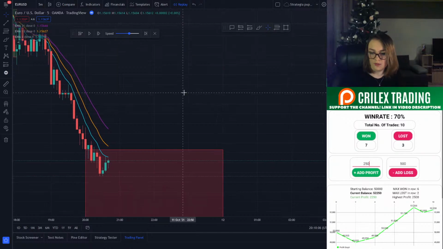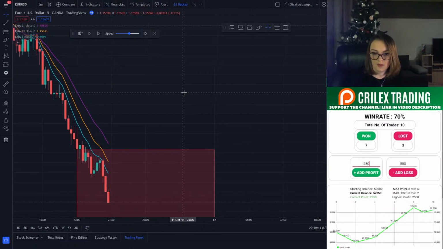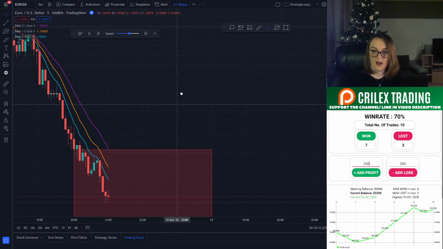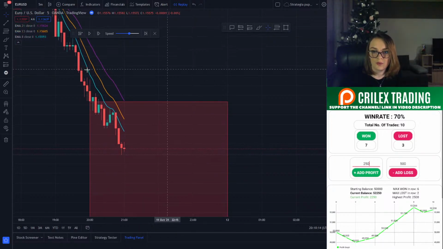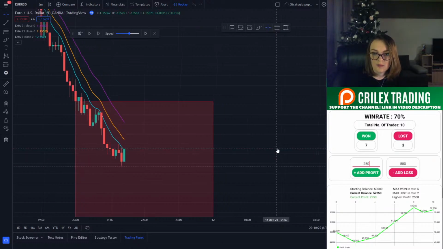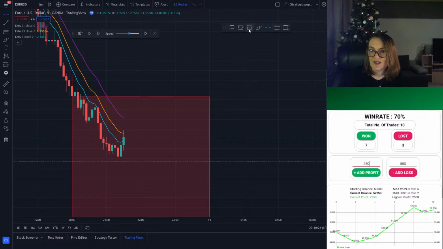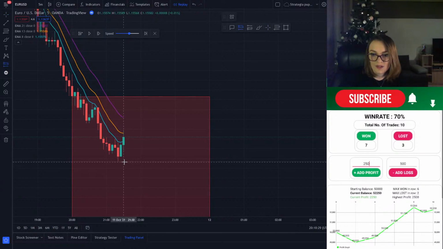No, actually no. Okay. I saw many times that Euro tends to do this. There is no retouch on these EMAs, and it's quite frustrating because we are waiting for trades and they didn't get triggered.